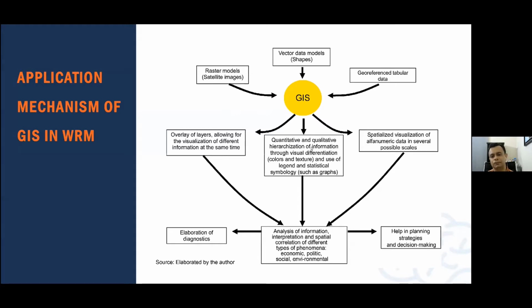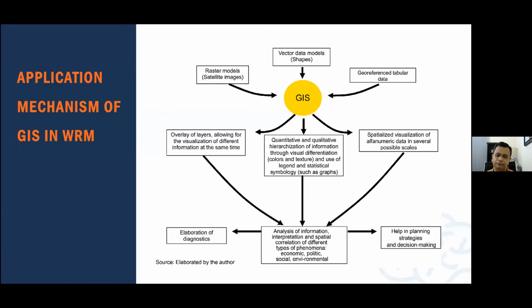We can perform some quantitative and qualitative hierarchization of information, and then we can also have some specialized visualizations in GIS platform. And finally, all this overlay, quantitative and qualitative analysis and specializations can have an analysis of information or interpretations of spatial correlations of different phenomena in these analysis procedures.